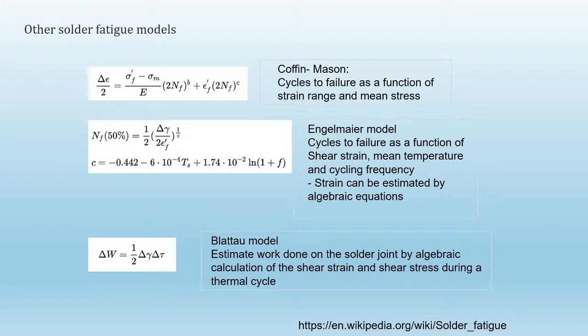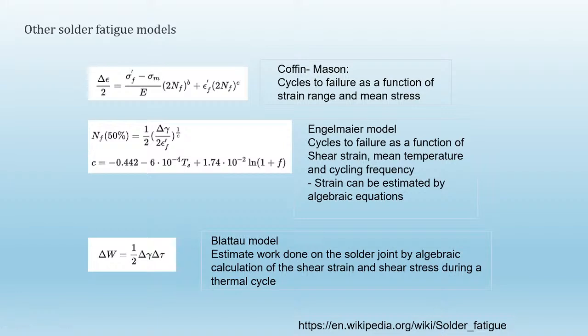Some of us use very low power devices that never get too hot, or maybe you want to look at thermocycling of a board that goes into a harsh environment, but it's not necessarily from self-heating. In that case, there are other solder fatigue models available, and I grabbed this from Wikipedia. It has a good overview, so you don't always have to go to the most advanced model.